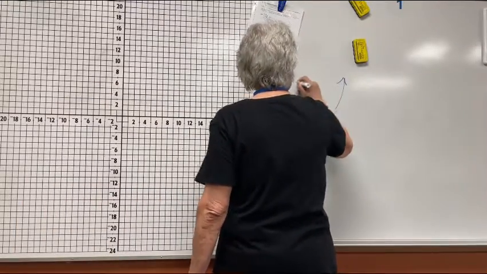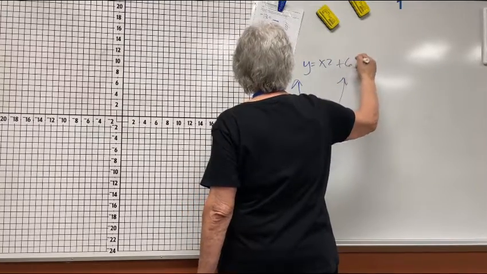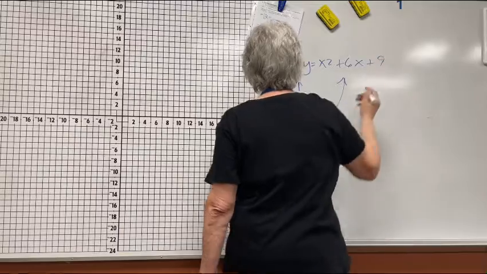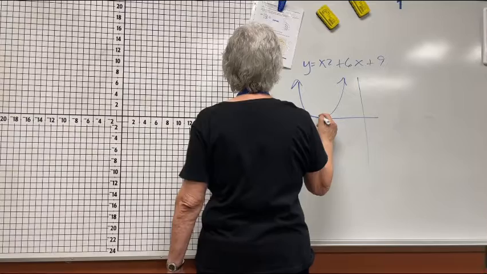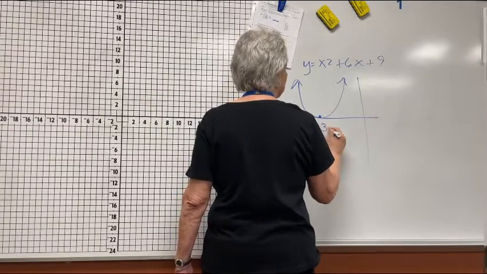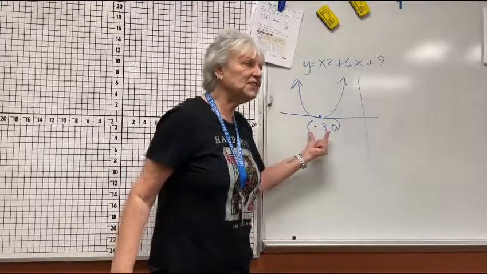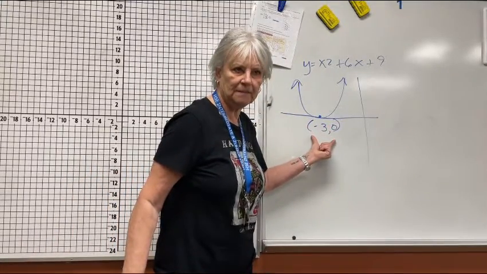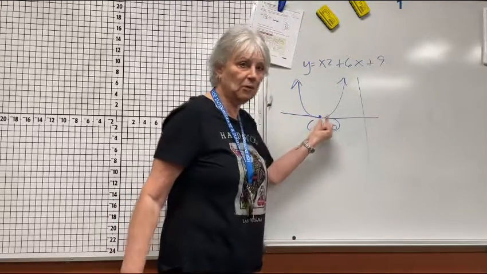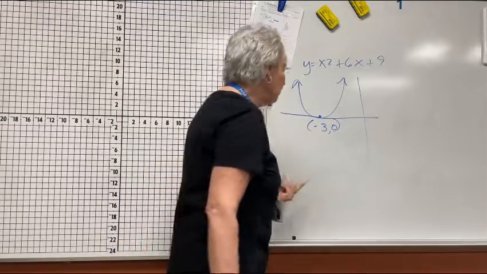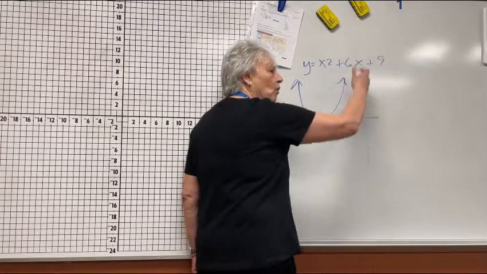So here's a parabola that was graphed by y equals x squared plus 6x plus 9. If my vertex, let's say it's on the axis right here at -3, 0. -3, 0 is the vertex. It has a minimum value, in other words, doesn't go below that, of 0. Your y tells you what the minimum is.